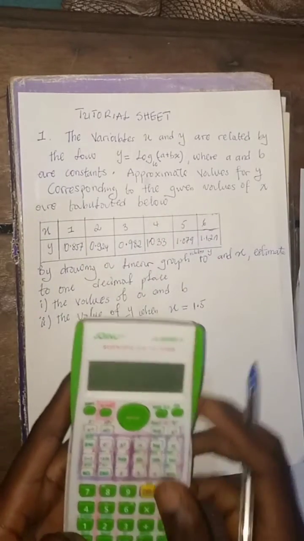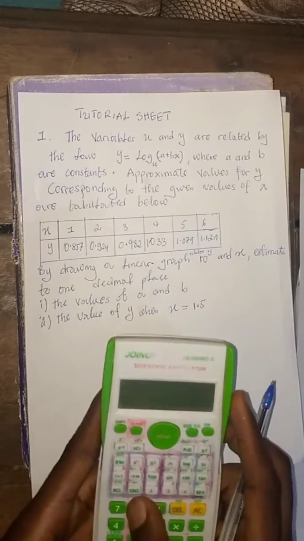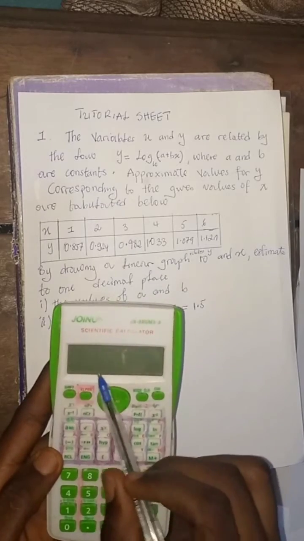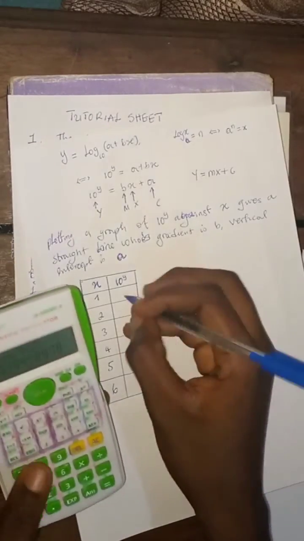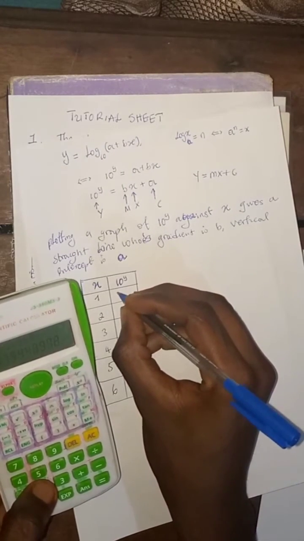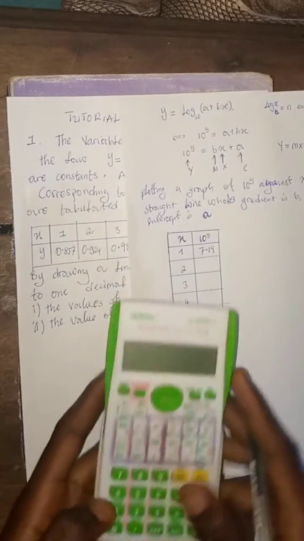So I take 10 raised to the power 0.857. It gives me 7.19. I'll record it to two decimal places. I have 7.19.